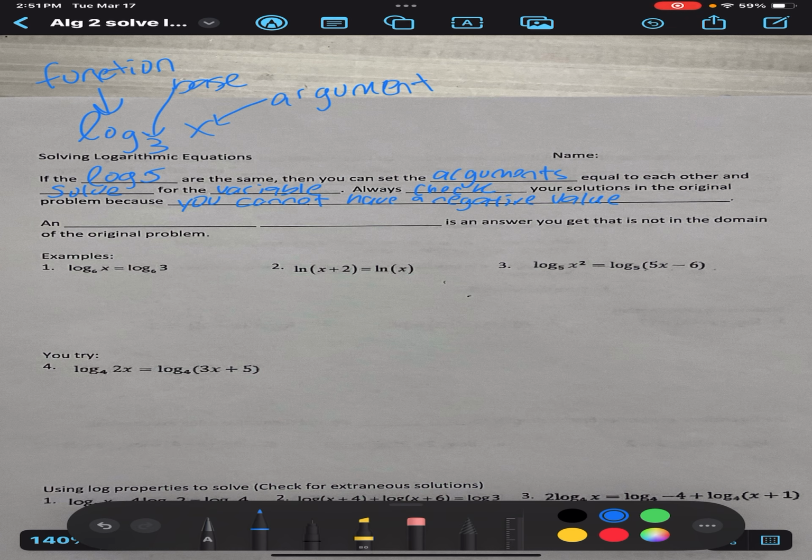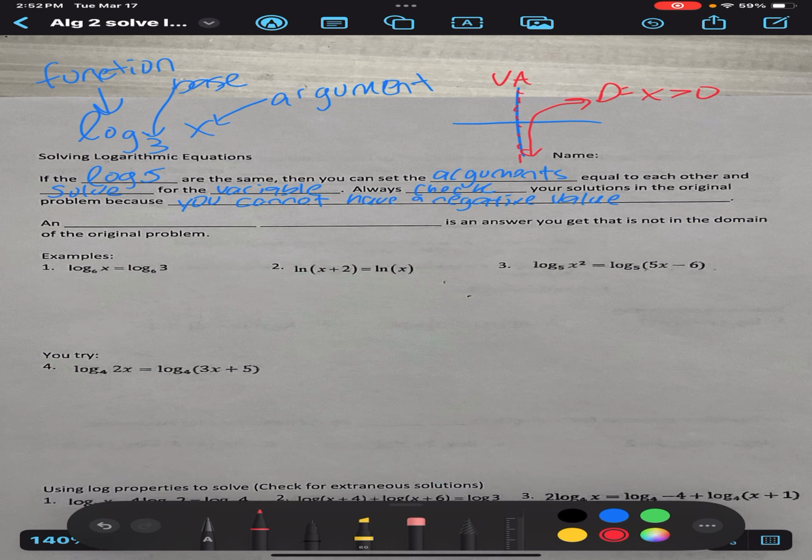Just a little reminder from our graph of logs, it looks something like this, and we had that vertical asymptote, and the domain was x had to be bigger than 0. Even if you plug it in your calculator, log, and you type in a negative number, it'll say error, it doesn't work, it has to be bigger than 0. You cannot have a negative argument.